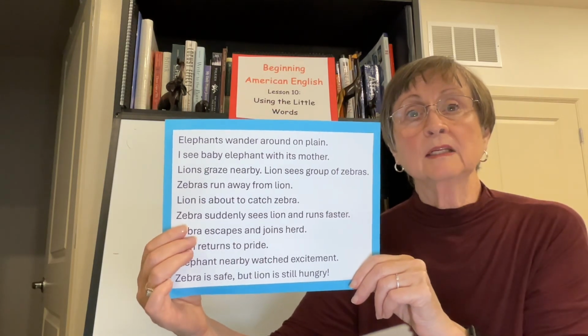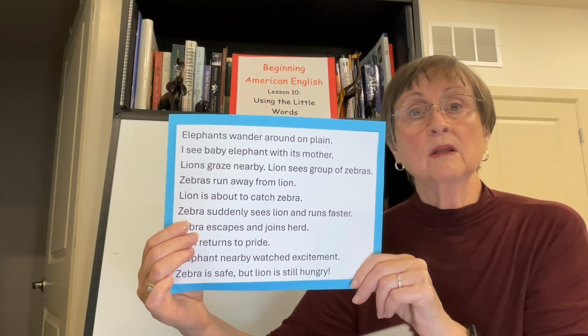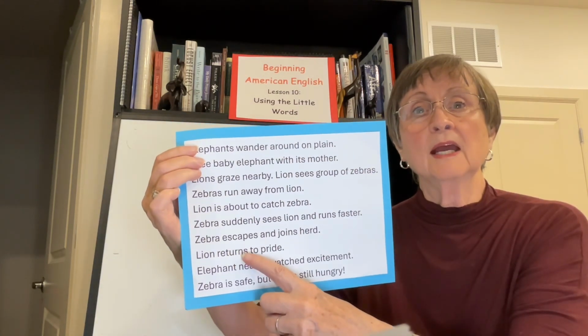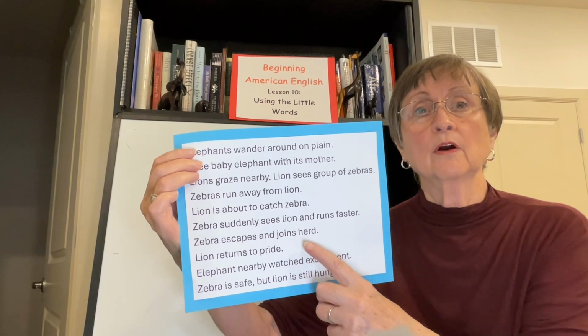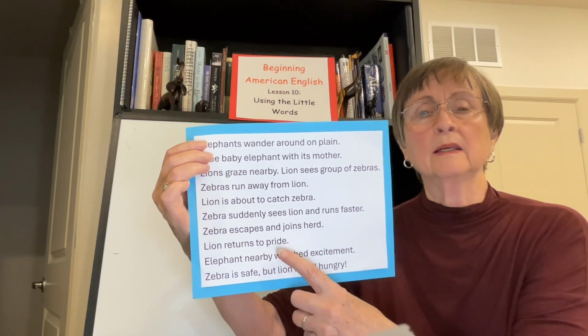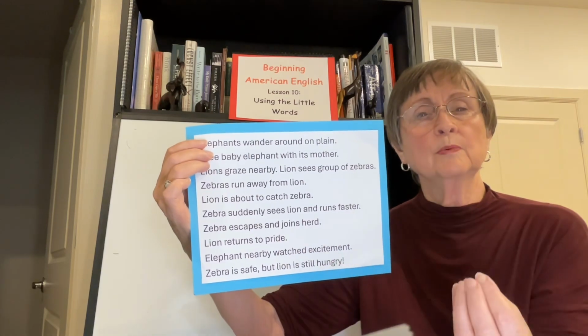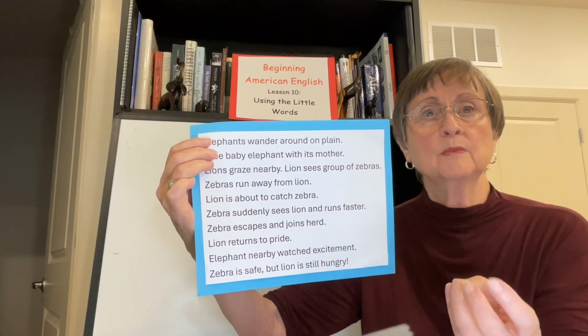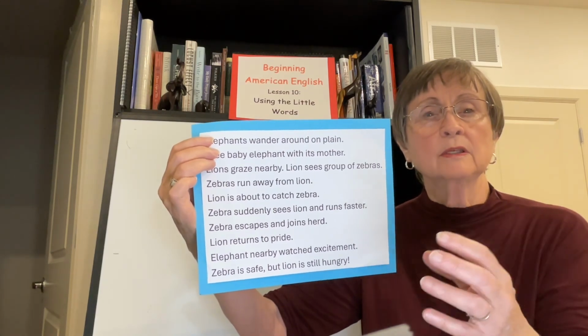Zebra suddenly sees lion and runs faster. Zebra escapes and joins herd. Lion returns to pride. Pride is the word for a group of lions, not just the father and mother and cubs, but maybe cousins and aunts and uncles.